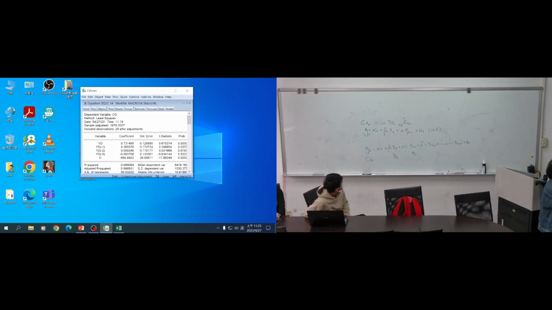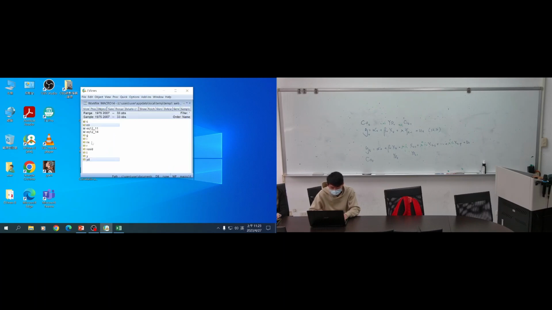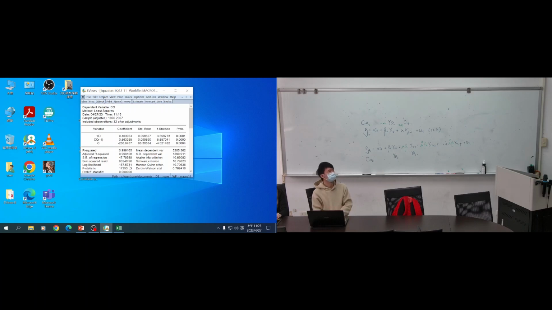Let me show this one. So 0.46 and 0.56. One is beta 0, one is lambda, right?